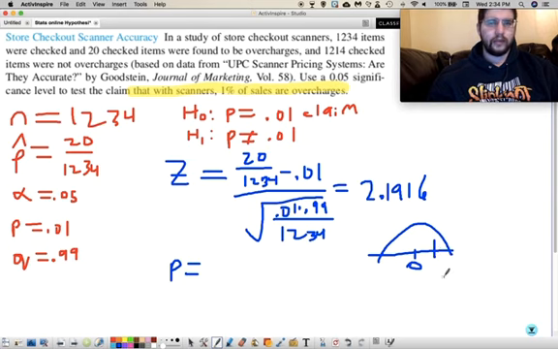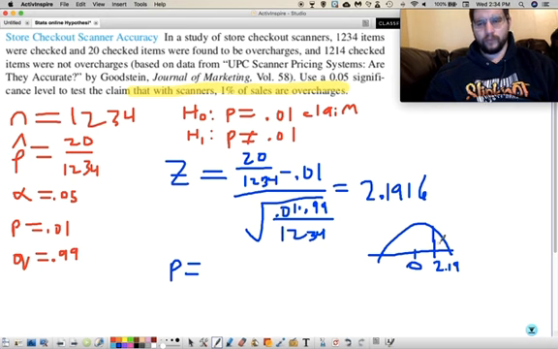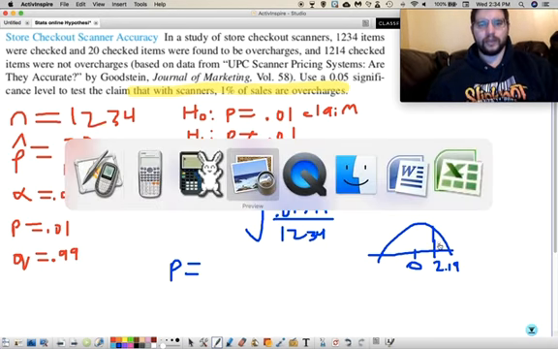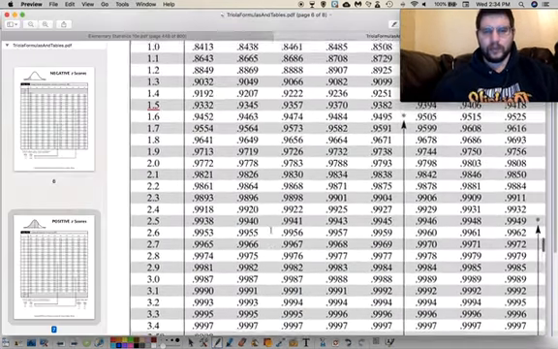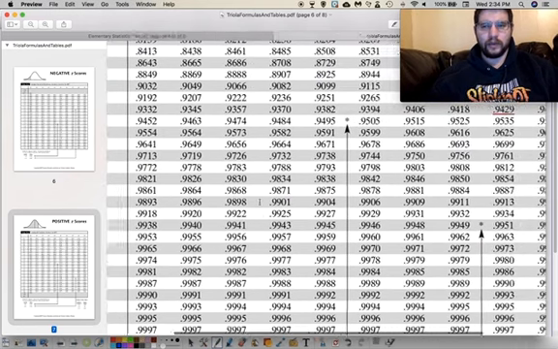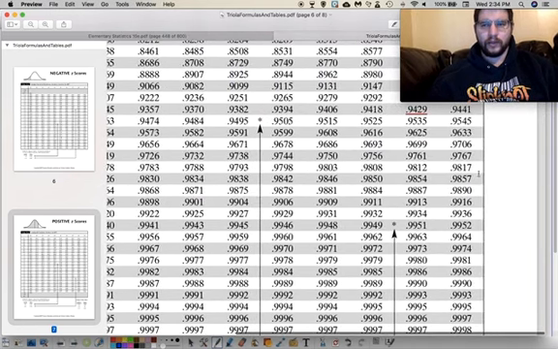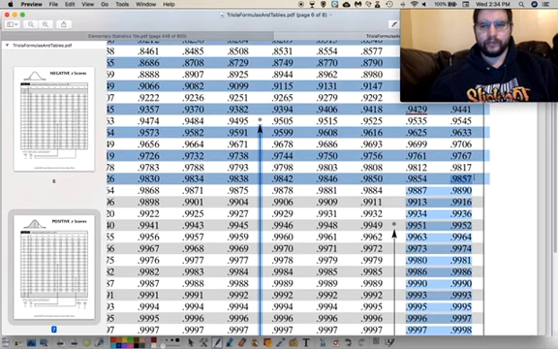Here's our test statistic. It's to the right of the mean. That means we need to find the area to the right of the test statistic and double it. So let's grab the chart. 2.19. That's 0.9857.